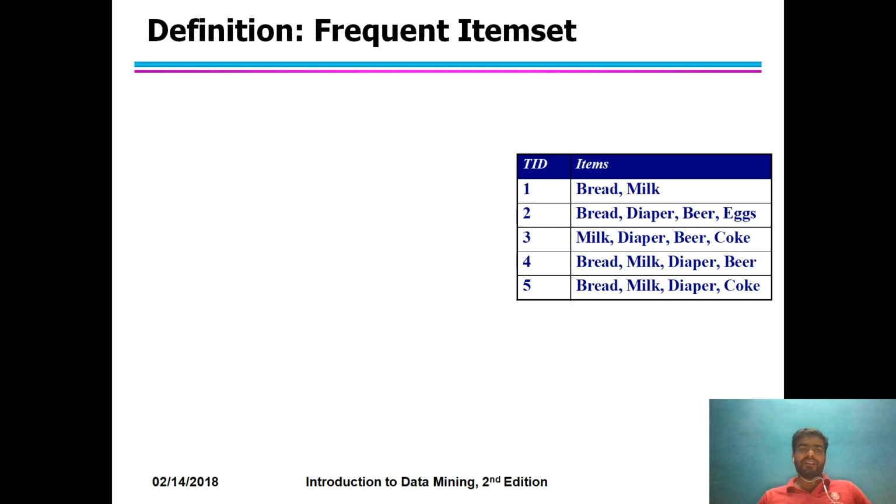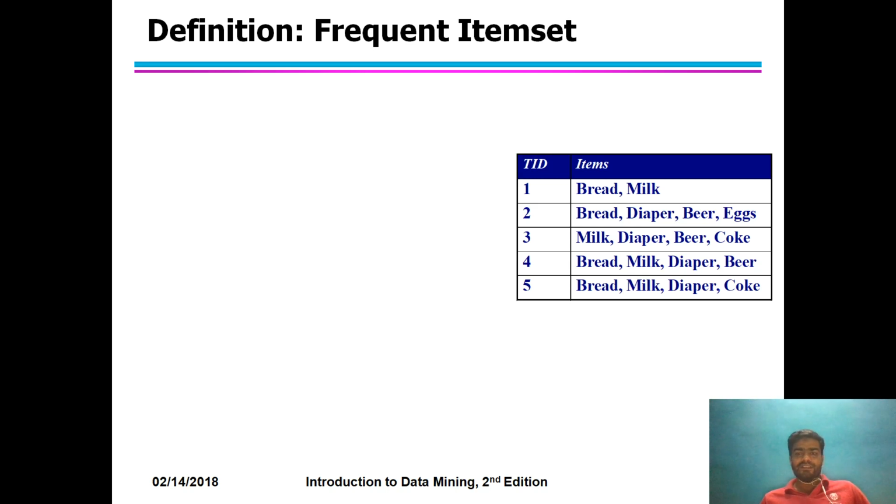Okay, next coming to the definition of a frequent item set. What is a frequent item set? On the right hand side you see a table with the transaction ID 1, 2, 3, 4 and 5 with the items bread, milk, diaper, beer, coke and so on. In transactions 1, 2, 4 and 5, bread is bought, so it is a frequent item, bought 4 times, meaning 4 customers have bought it. Milk is bought by customers 1, 4 and 5.